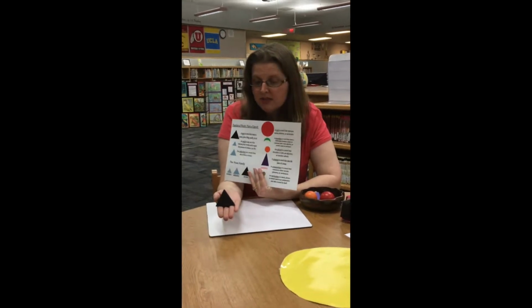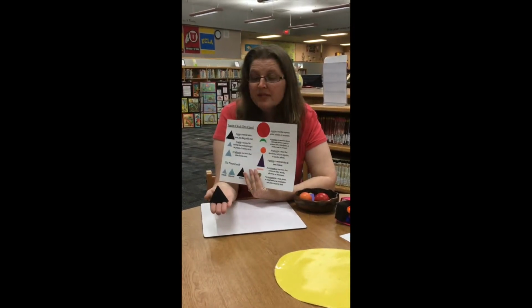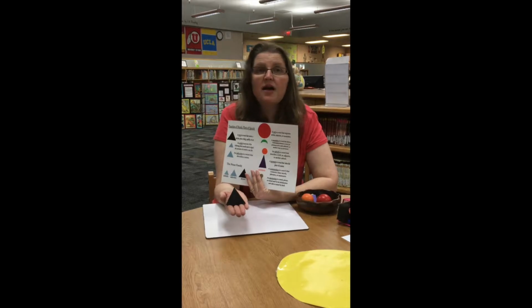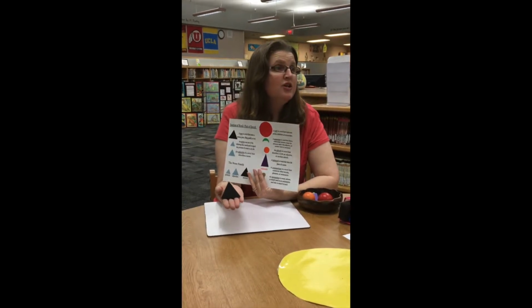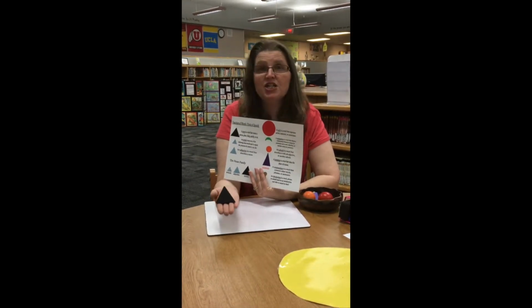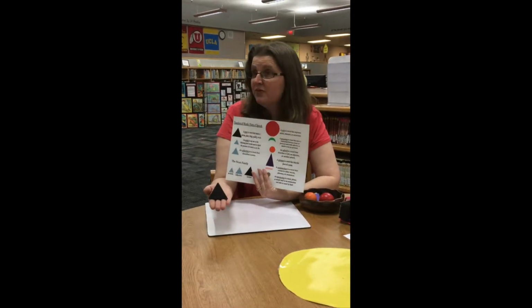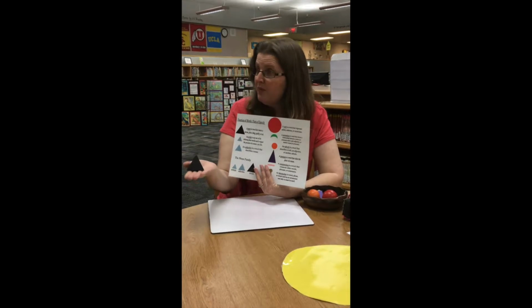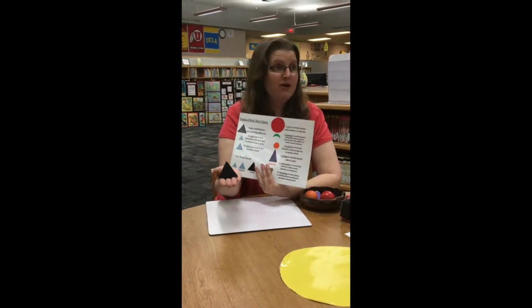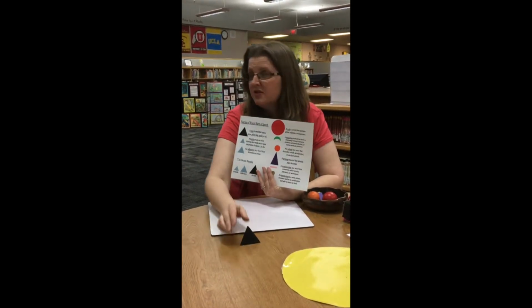So we use the black triangle, and the reason we use the color black is to remind us of those first writing utensils, sticking the sticks in the ashes and using that ash to write. So we have a black pyramid to represent our noun. And we talk to them, it's a person, place, or thing.